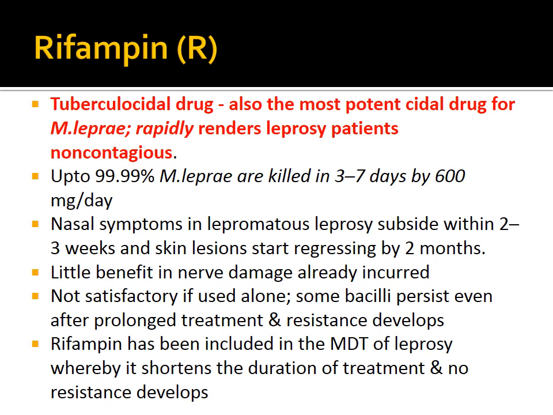So once the damage has happened, it cannot be reversed, especially the ulnar nerve, median nerve and the sural nerve, which are superficial nerves. They are mostly affected in leprosy, and that can give rise to permanent deformities of the hand or foot, like claw hand or foot drop. If that is already incurred, it may not be reversible after starting rifampicin.